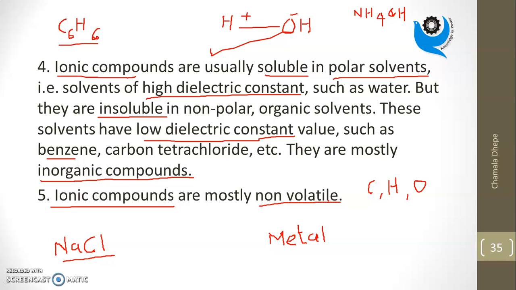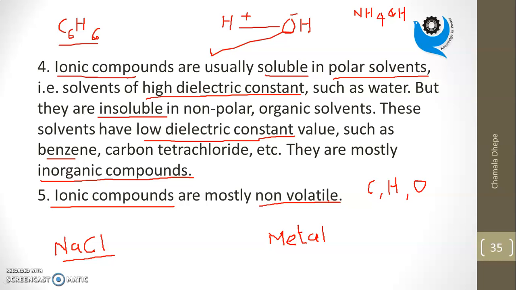So these are the five properties that we have seen. Again, I am going to repeat. First property that we have seen is that ionic compounds are solid at room temperature. Second is that they have a high melting point and high boiling point. Third is that ionic solids do not conduct electricity, but in fused or aqueous state, they conduct electricity.